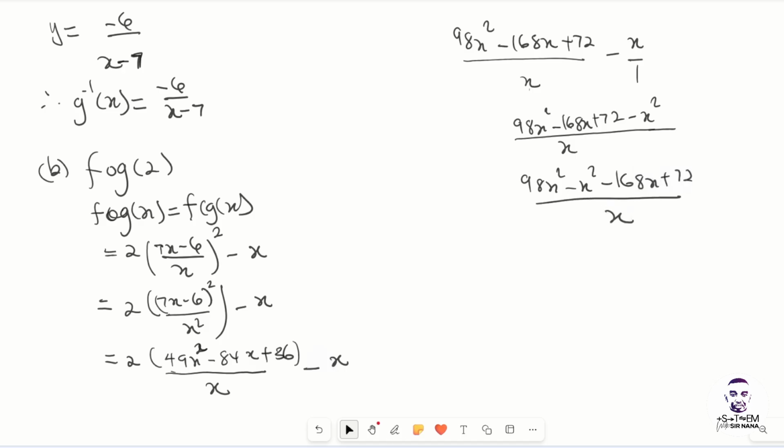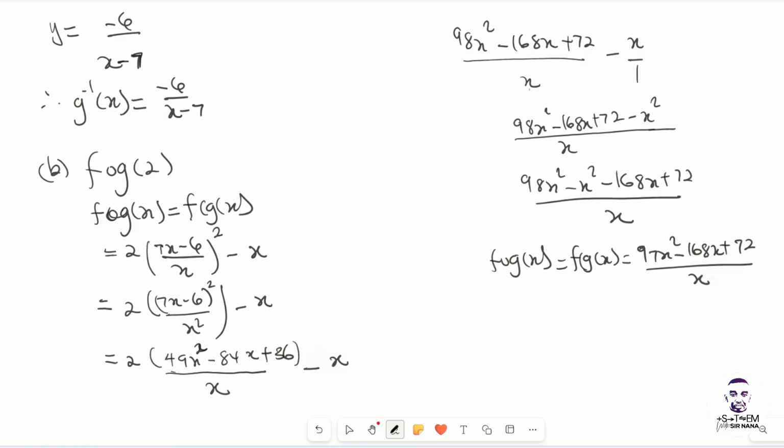So f of g of x is equal to 98x squared minus x squared, which gives 97x squared, minus 168x plus 72, all over x.